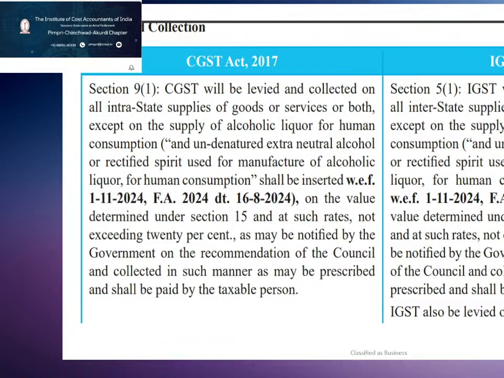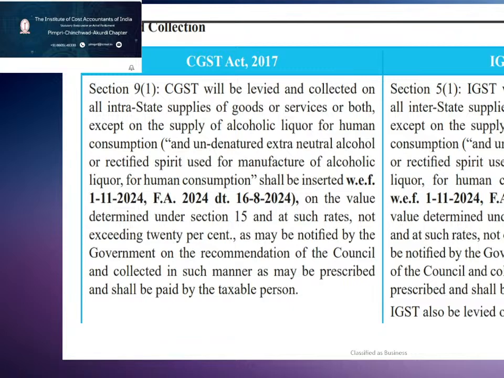Suppose you are ordering any goods which you want to purchase through Amazon or Flipkart, they are called the e-commerce operator. In this case, who is liable to pay the GST? The government is empowered to notify the categories of services where the person responsible for payment of tax is neither the supplier nor the recipient, but the e-commerce operator through whom the supply is effected. They are liable to pay the GST.